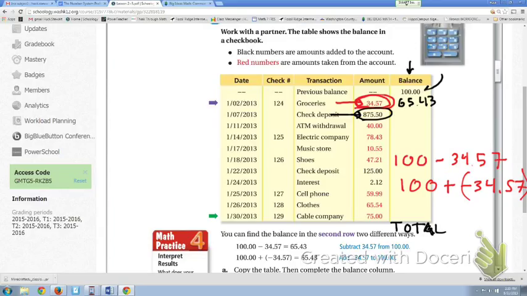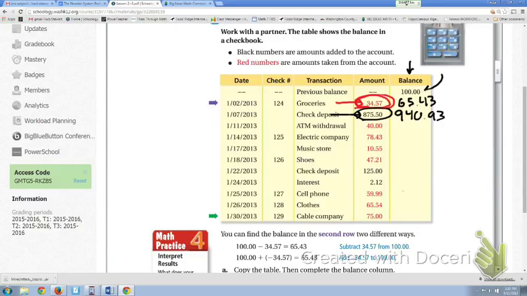So from here, I'm going to take that $65.43 and combine it with another positive rational number, $875.50. And now I'm going to be left with a balance of $940.93. I want you to continue down on your own using a calculator until you reach the very bottom.